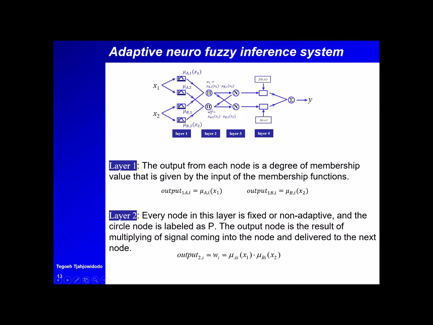And then the second layer. If we take the analogy of our restaurant quality before, to model it, we use if-then rule function there. In this ANFIS phase, it doesn't use if-then rule function, but it multiplies the output of the first membership function from the first input and the output of the first membership function from the second input.